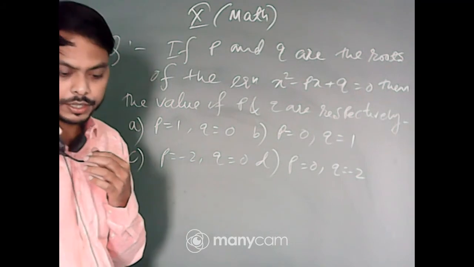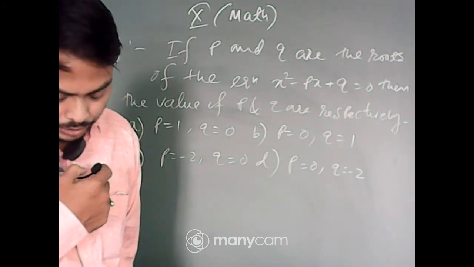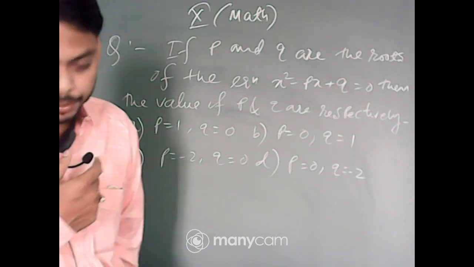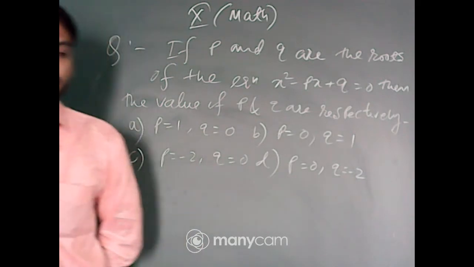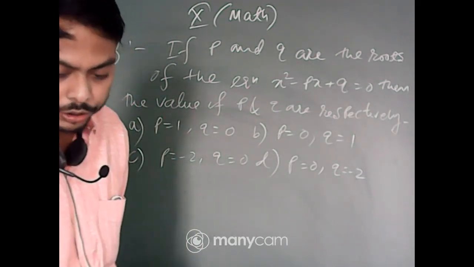Ishanur has given the answer. He is saying q 0, p 1, that is option B. Do it in your copy and respond to me with your answer through the chat box.